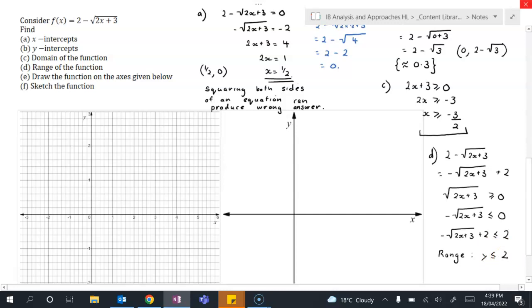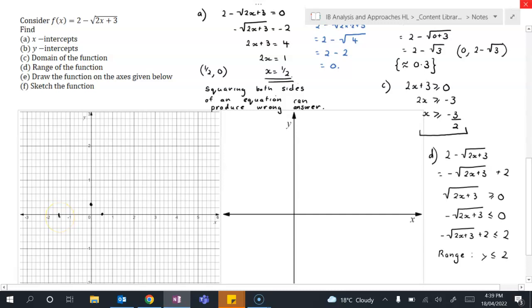Okay, let's draw the function on the axis given. First of all, let's plot our points. The x-intercept was a half, which is there. Our y-intercept was approximately 0.3, which is about there. Now, it's probably useful to put a couple more points on. First of all, remember we're starting at x equals minus 3 on 2, so we're starting out here.